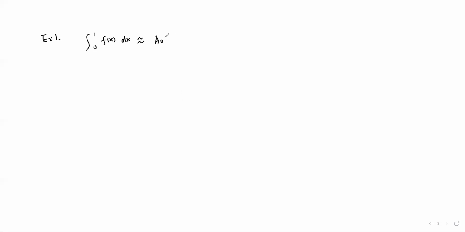I pick the nodes between 0 and 1: x0 is 0, x1 is the midpoint, 1/2, and x2 is the right endpoint of the interval, 1. I want a formula of this form.